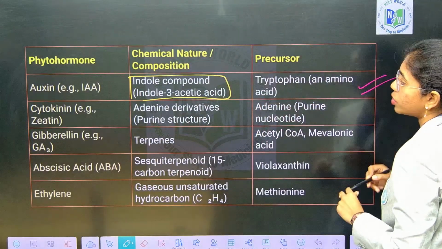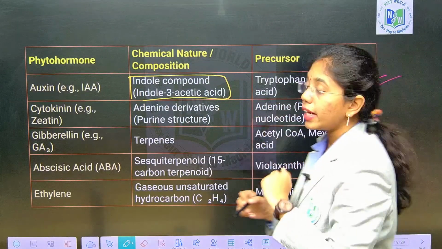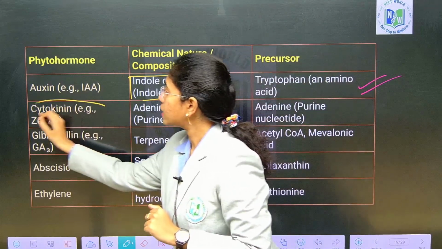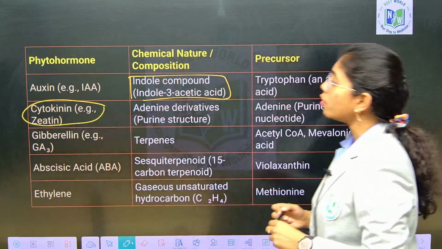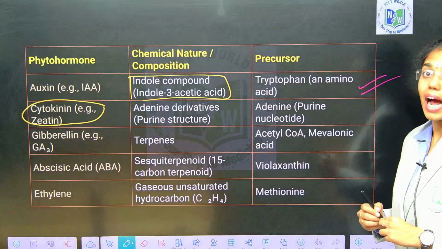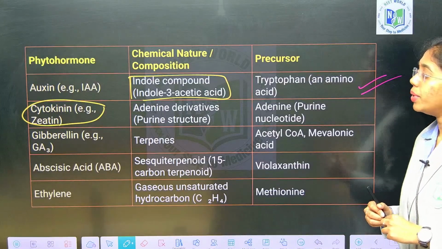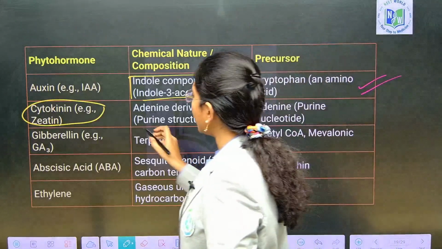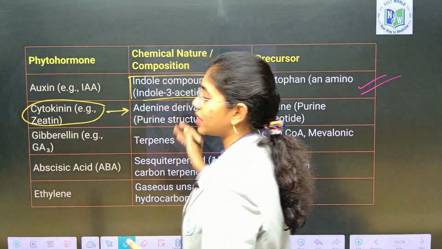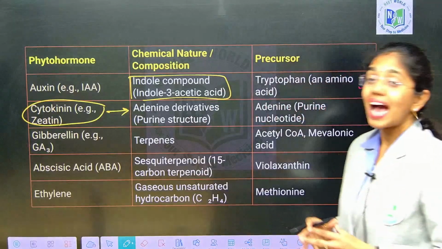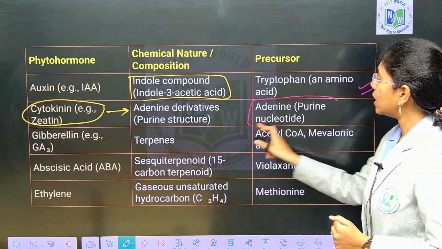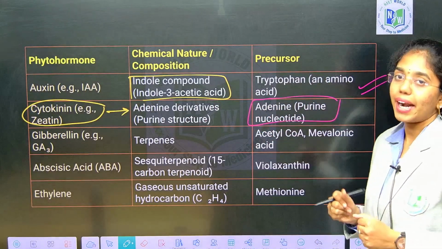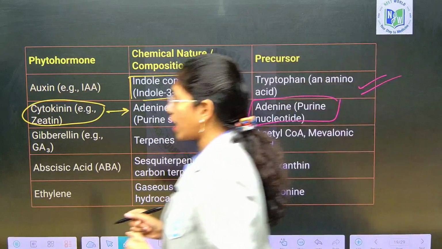And then you see cytokinin. Cytokinin whose natural form will be zeatin, artificial form of cytokinin will be kinetin. And these are adenine derivatives or purine derivatives. Adenine is the precursor for cytokinin synthesis.